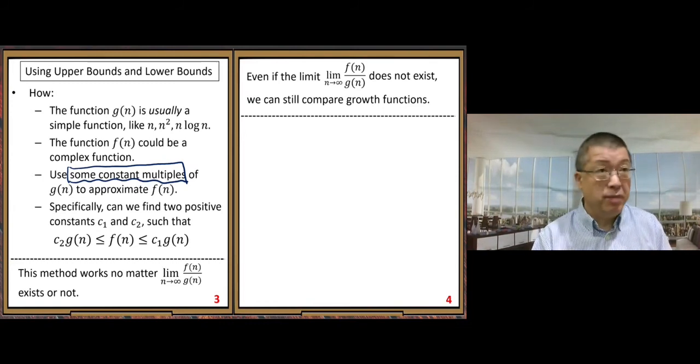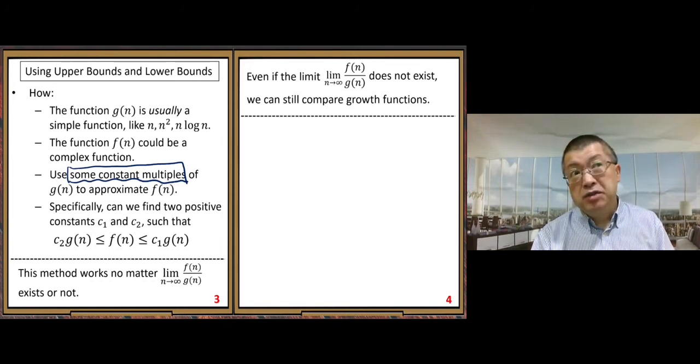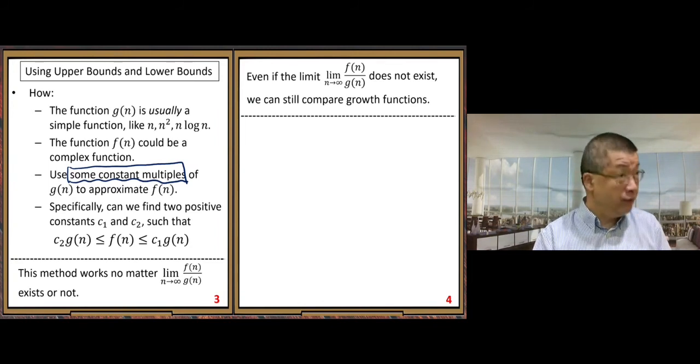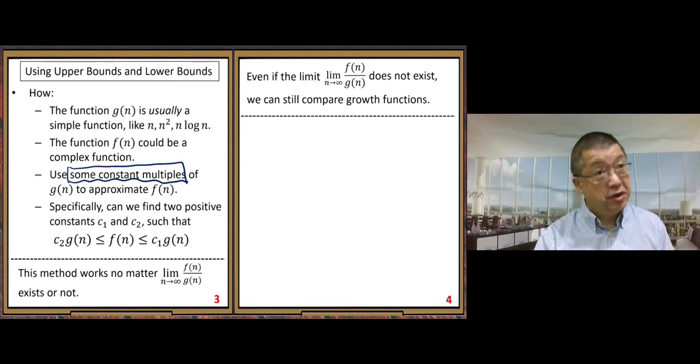But when we use the limit technique, remember we have L'Hopital's rule. It is very powerful, using derivatives to calculate the limit. So the limit technique has its advantage, and we need to use it sometimes.